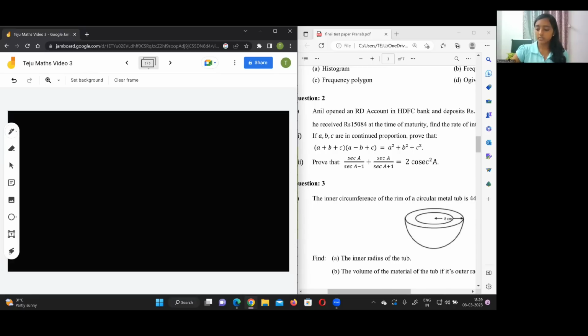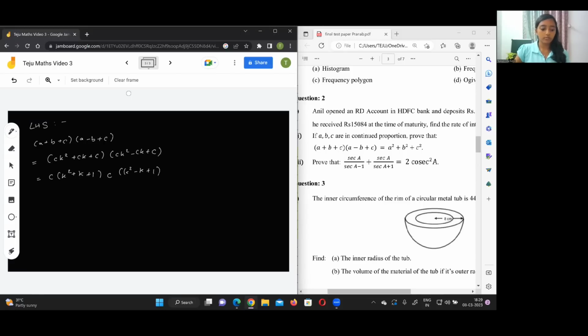So let us first consider LHS, right? So A plus B plus C into A minus B plus C will be nothing but CK square plus CK plus C into CK square minus CK plus C. What that comes to is C into K square plus K plus 1 and C into K square minus K plus 1.